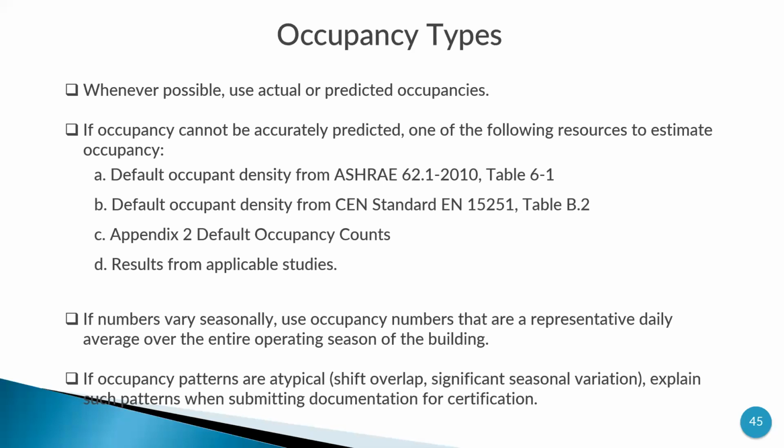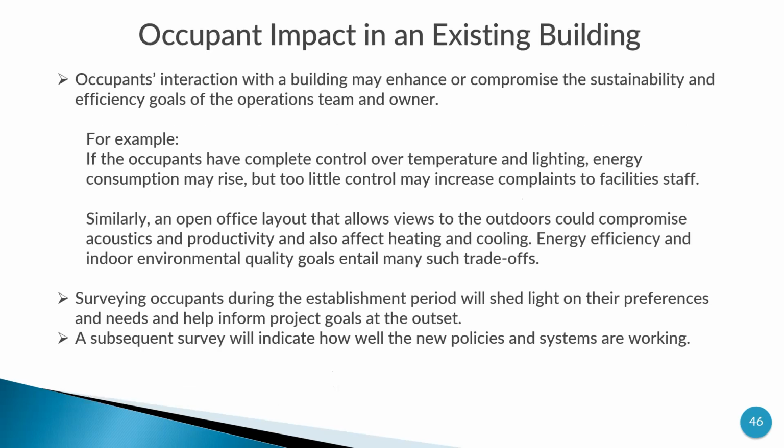If numbers vary seasonally, use occupancy numbers that are a representative daily average over the entire operating season of the building. If occupancy patterns are atypical, for example shift overlap or significant seasonal variation, explain such patterns when submitting documentation for certification. How are occupants impacting the existing building?